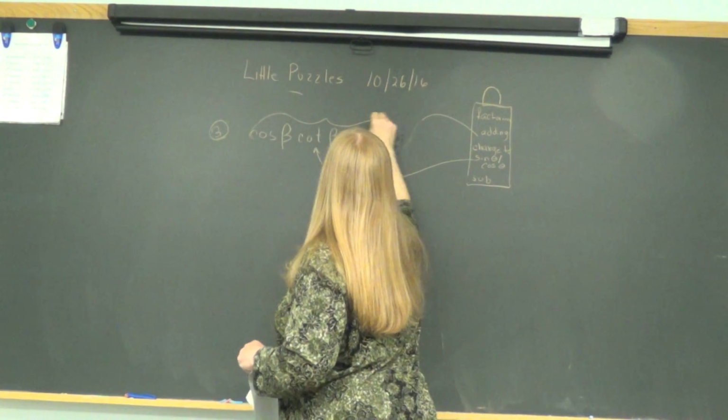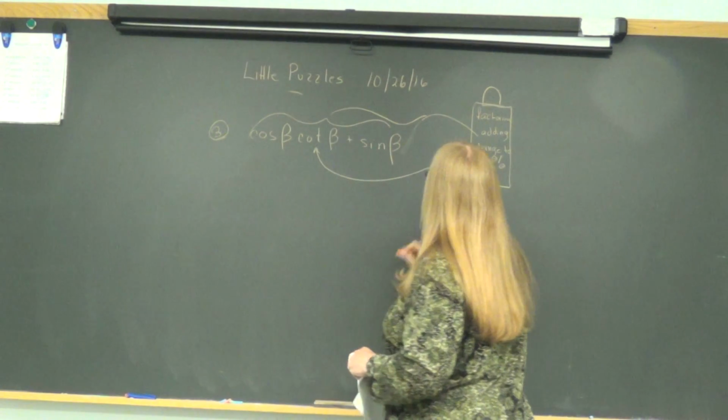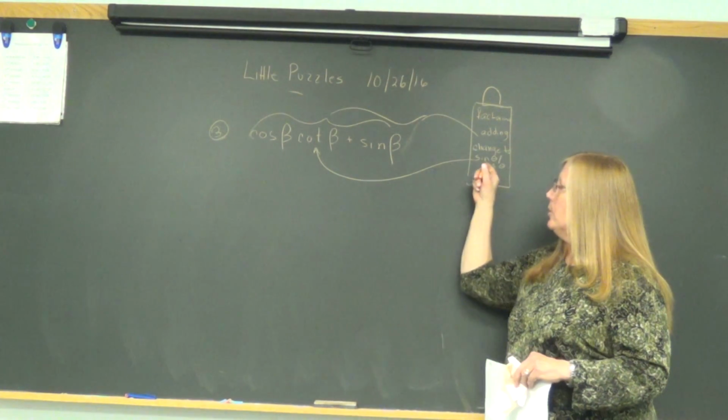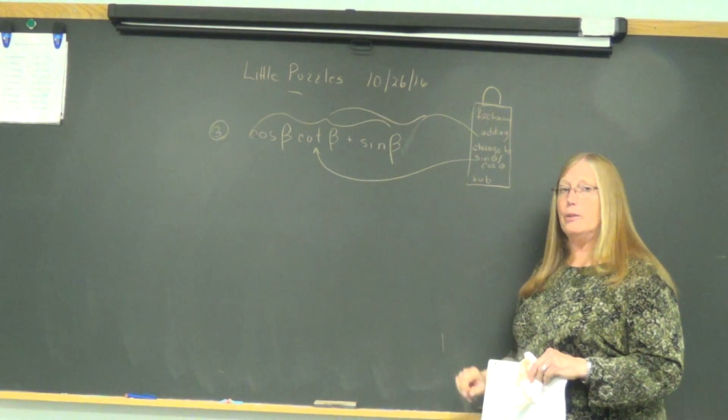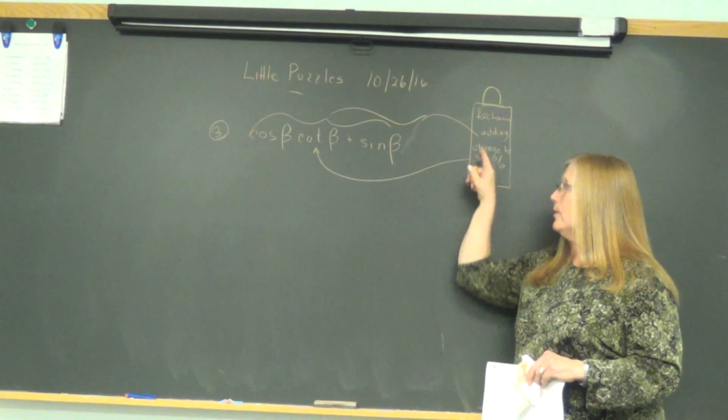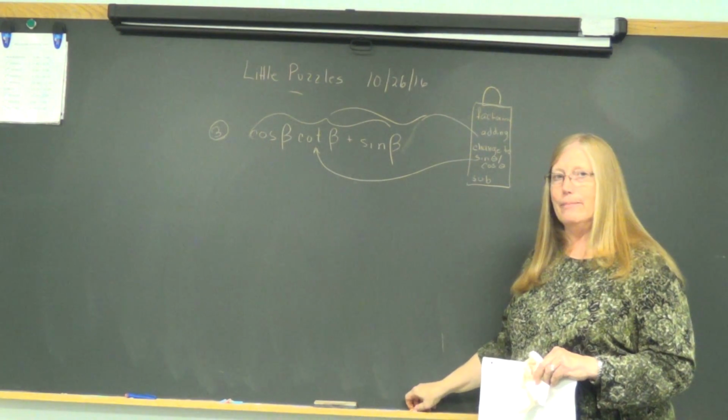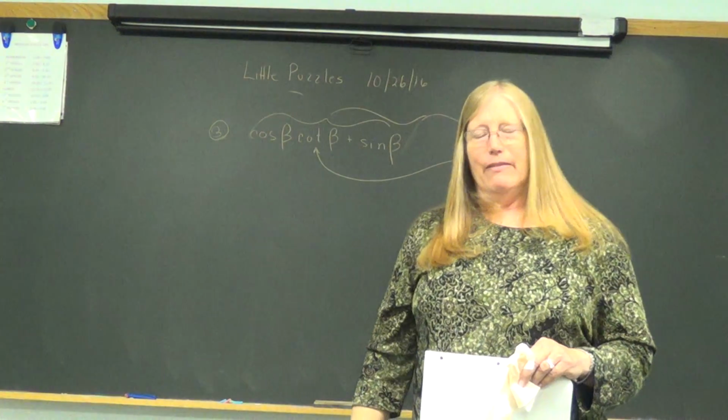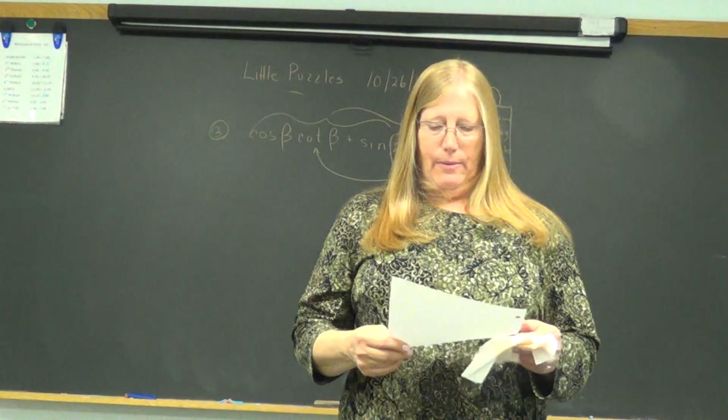So the two tools that you're going to need to pull out of the toolbox are change to sine and cosine, and then add. All right. Get as far as you can on that one.